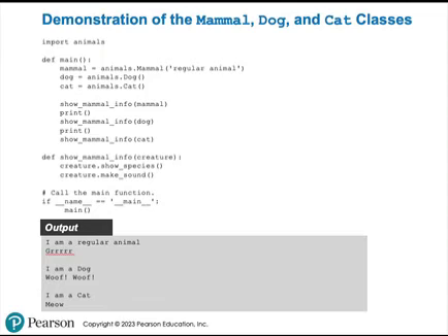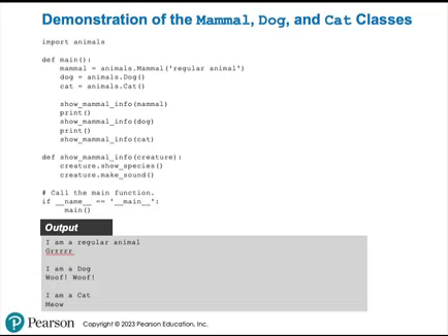So what we do is we import our class library, and then in main we create a mammal that is a regular animal, and then we create a dog and we create a cat. We have a method called show mammal info, which is going to show the species and the sound, and then we're going to run the main program.